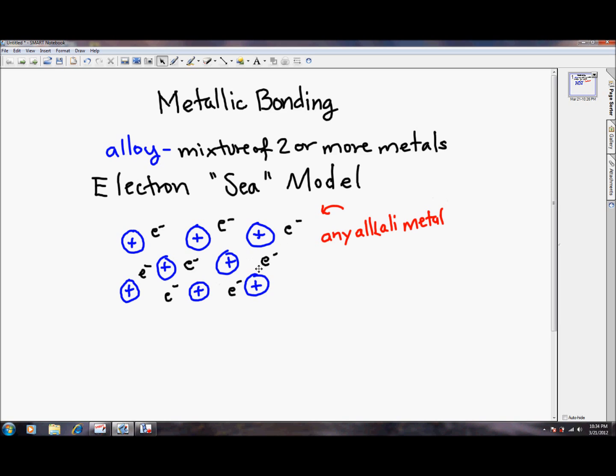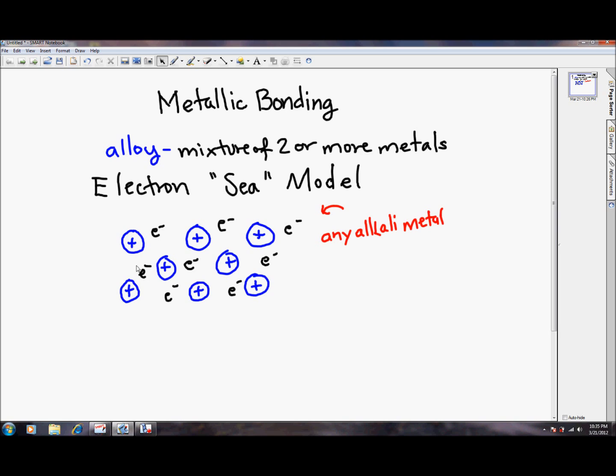Now what's actually happening here is that the model says the atoms kind of loosen their hold on the valence electrons so that the valence electrons are free to move from the orbital of one atom to the orbital of the next atom. So all of these valence electrons that you see here are in transit in between.